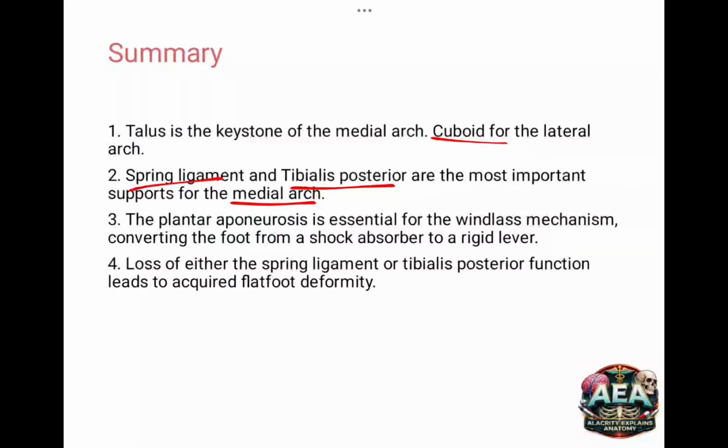The plantar aponeurosis is very essential for the windlass mechanism, converting the foot from a shock absorber to a rigid lever. And loss of either the spring ligament or the tibialis posterior function can lead to acquired flat foot deformity, which we regard as pes planus.